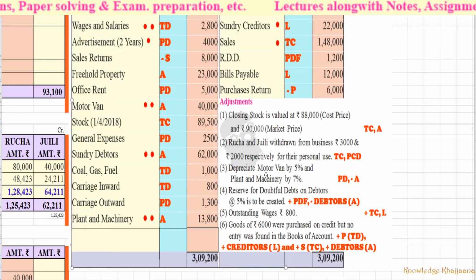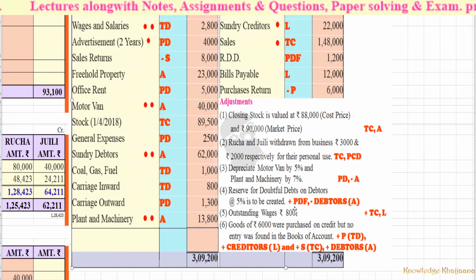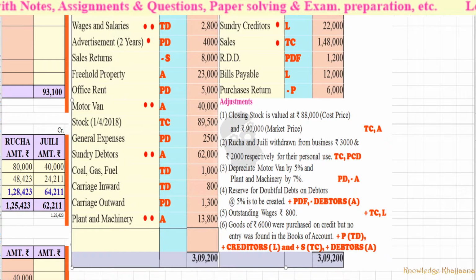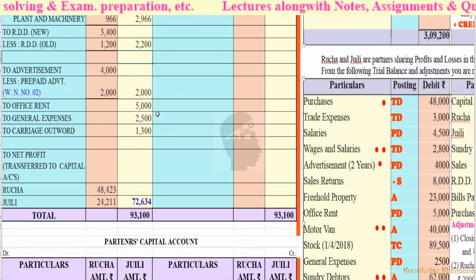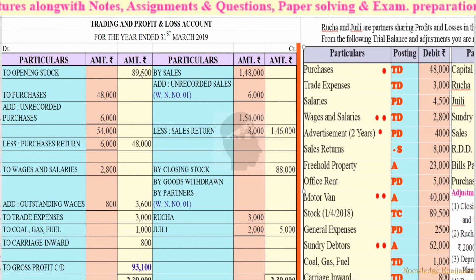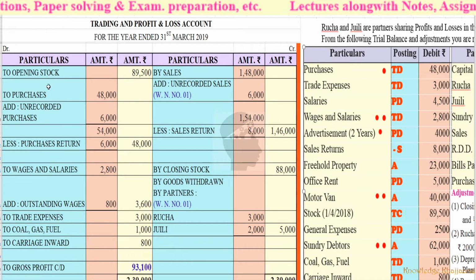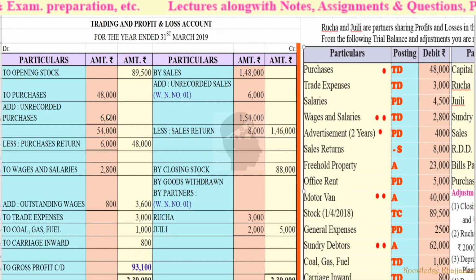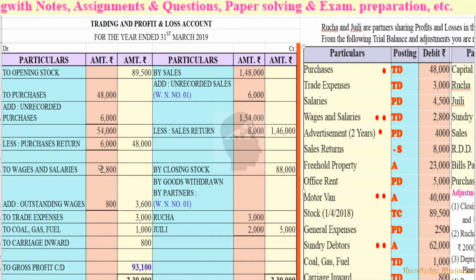So with this we have solved. We have added it and we deducted it. Okay. So with this we have solved all the adjustments. Now what is the important thing that we have to check? That we have taken all the amounts to the outer side. Whether we haven't forgotten to take any amount to the outer side, let's check. Opening stock you have taken, purchases, here after all the adjustments, taken final purchases outside.